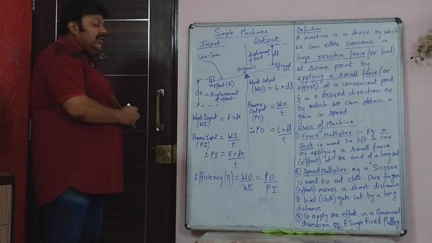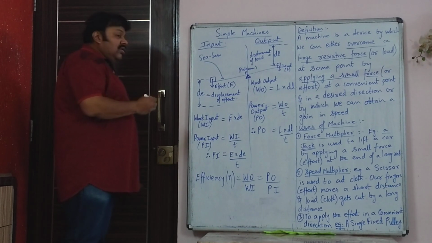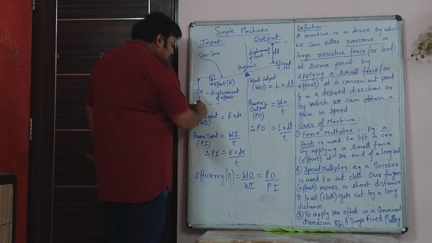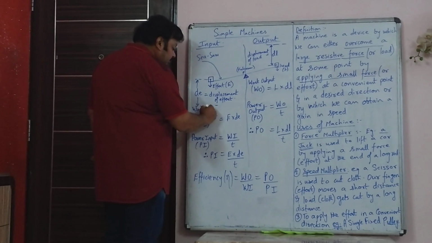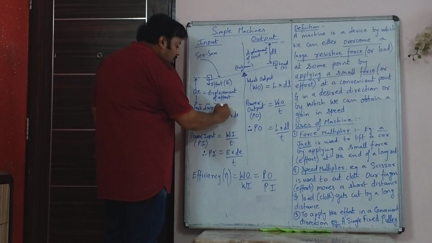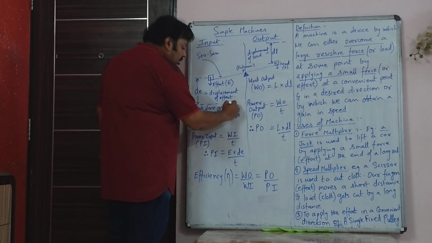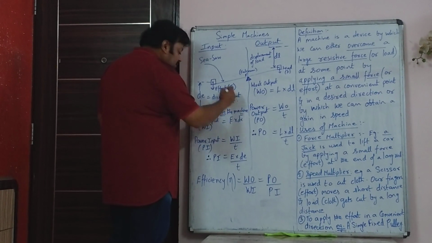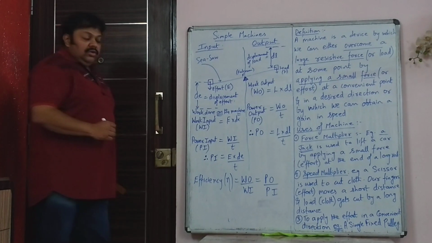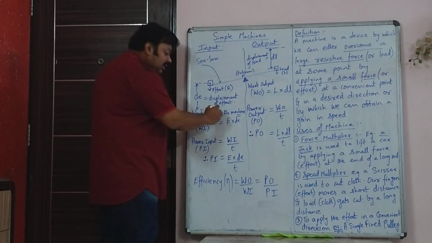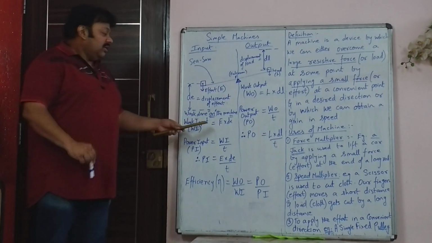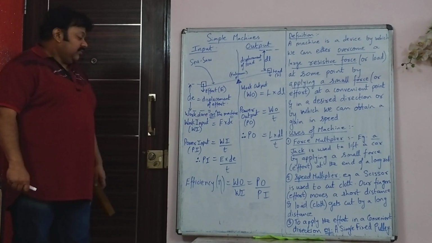Now the work input is also called the work done on the machine. So you can say work done on the machine is equal to the work input. So listen to the term work done on the machine. That is work input, effort into displacement of effort.